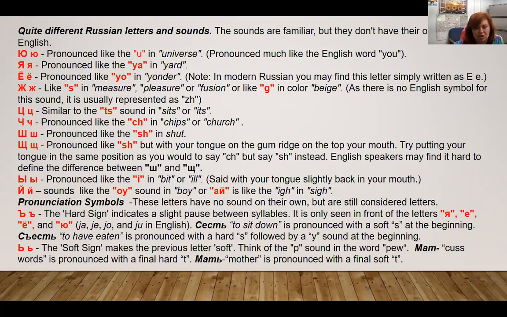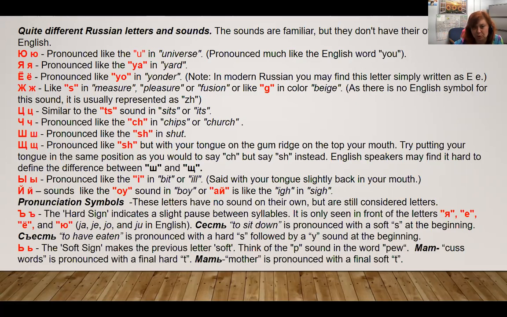The next pair, sh and sh. One has an equivalent in the English language, sh in shut. The other you need to try to make, even though it's not a native sound of the English language, but you can learn how to make it. You can say sh, only you need to lift your tongue a little bit higher to the gum ridge.